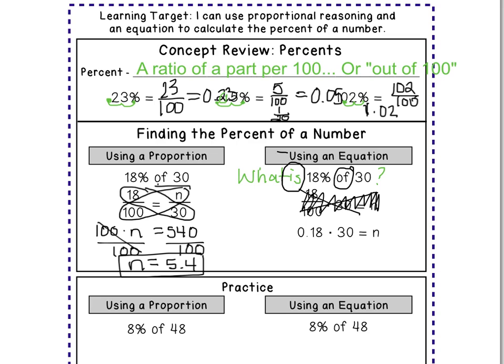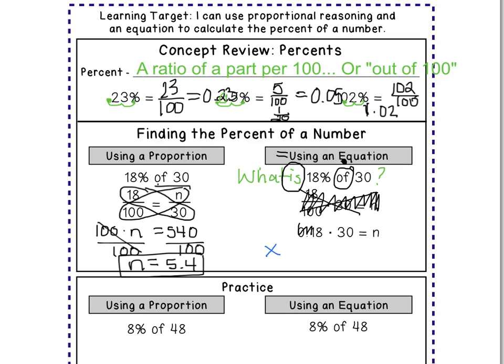Is, in this case, means equals, and of means multiplication. If I read from left to right, I should see what is 18% of 30. Well, just like we talked about in class, what means x. It means we don't know what it is.